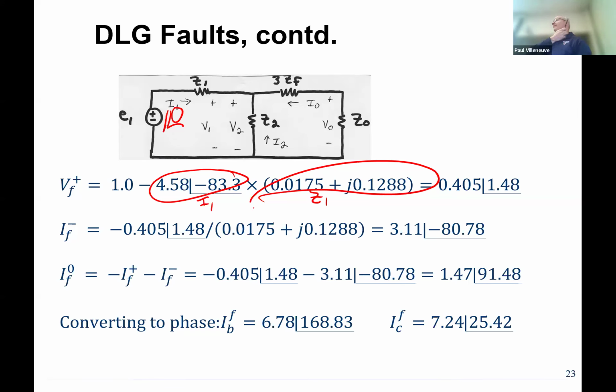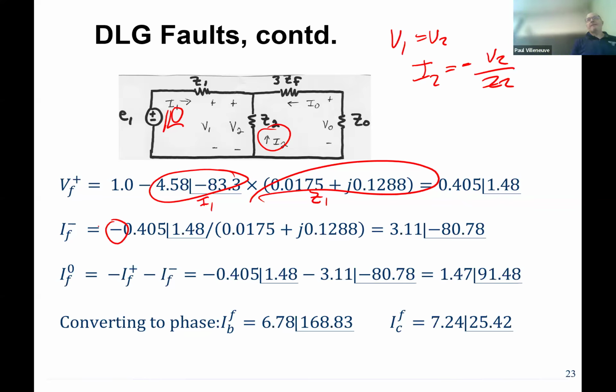Yes, sir. And then I minus is minus V of flux, right? No, so I'm trying to get this current over here. So once I know what V1 is, V1 is a known, that's equal to V2. And to solve for I2, that equals negative V2 over Z2.